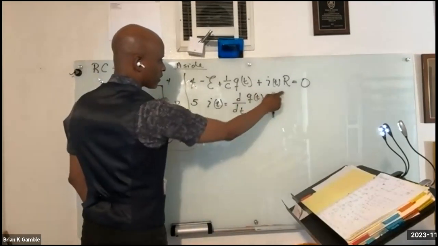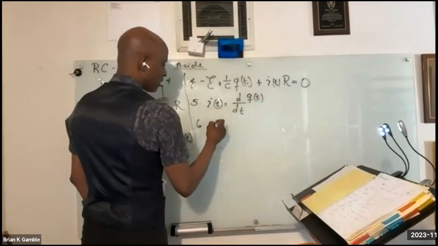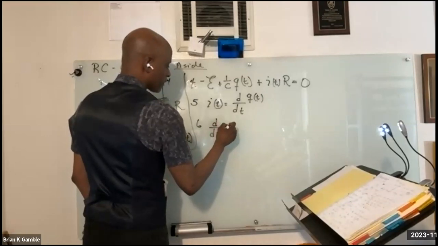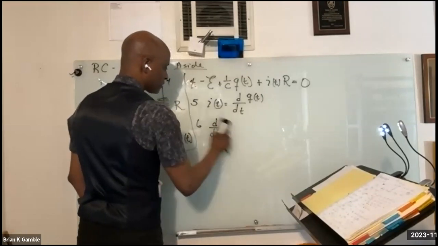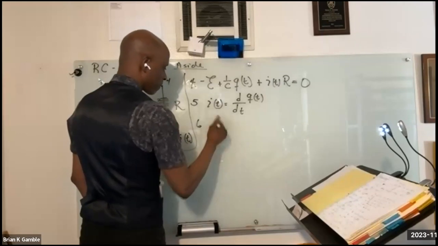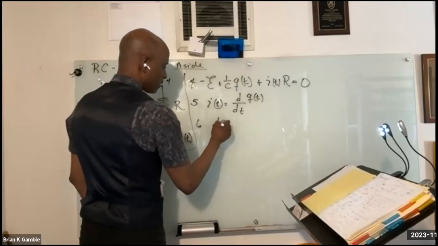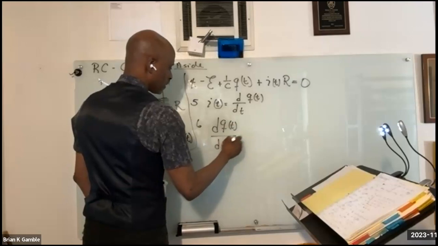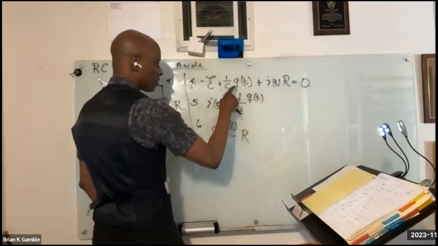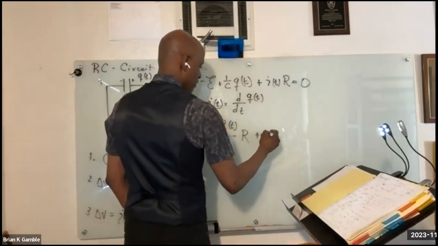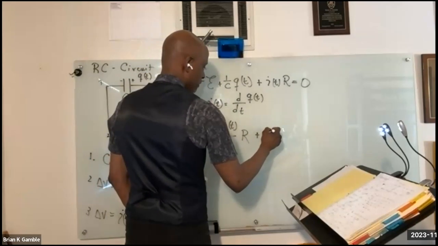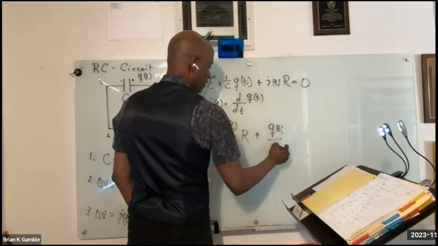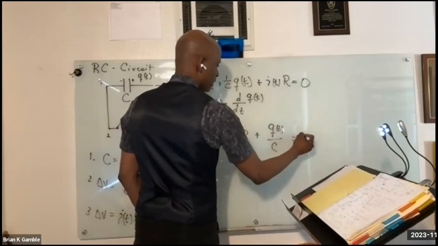So I'll write this term first: dq of t dt times R. So that's the current term. And then the charge term, plus q of t over C, taking this to the other side, equals E.